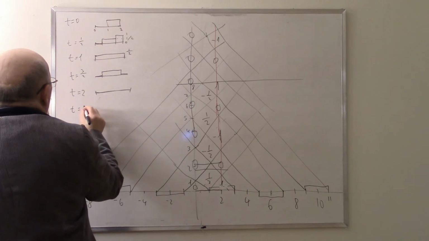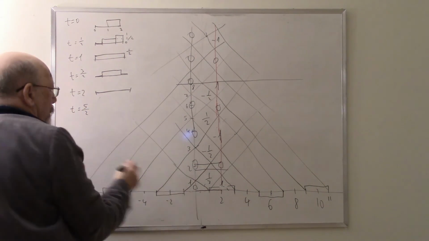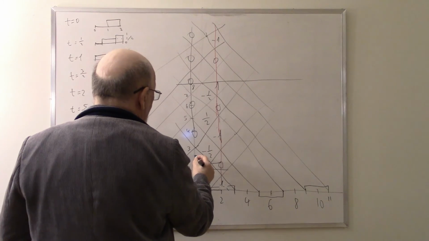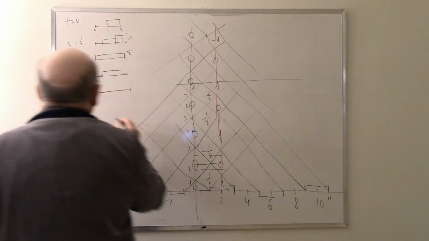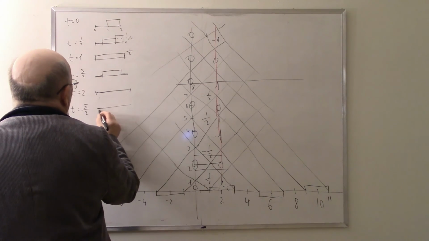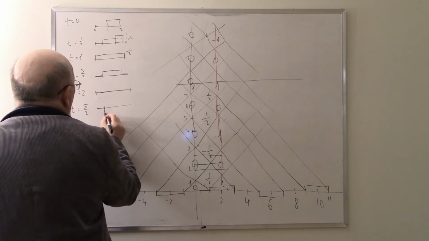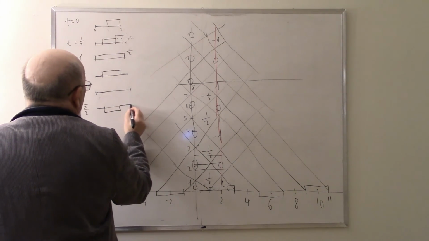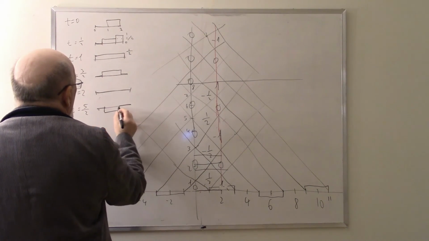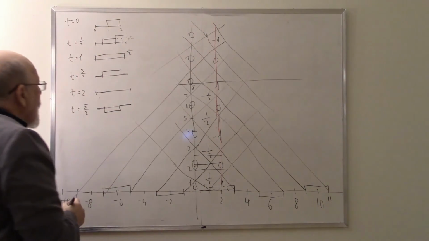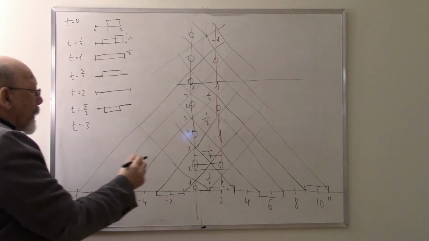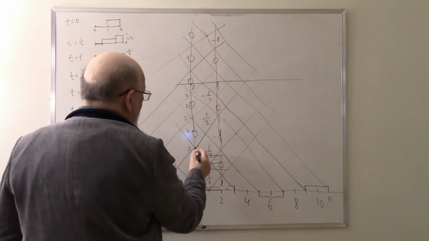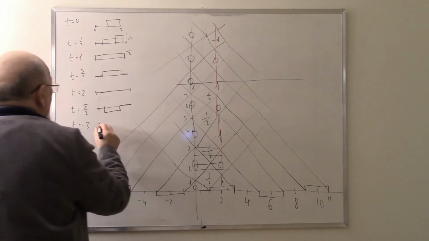T equal 5/2. It is 0, minus 1/2, 0. T equals 3: again it is all minus 1/2.